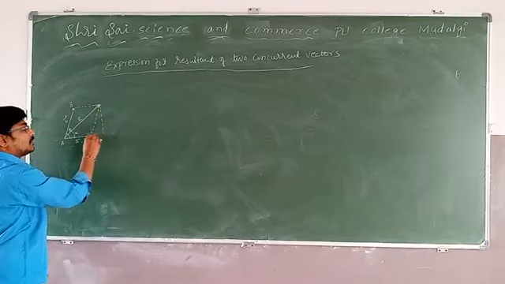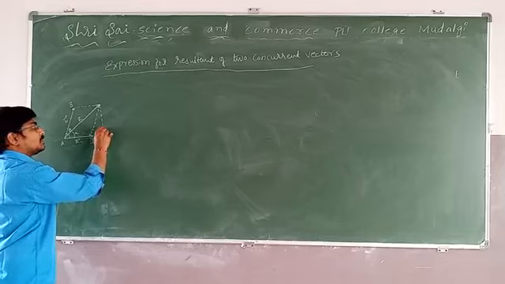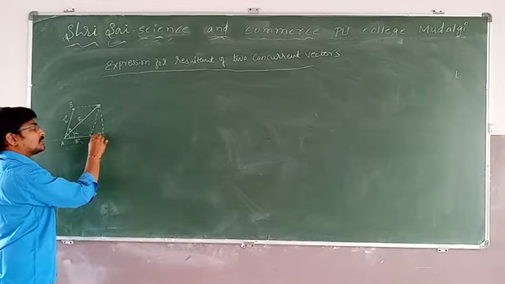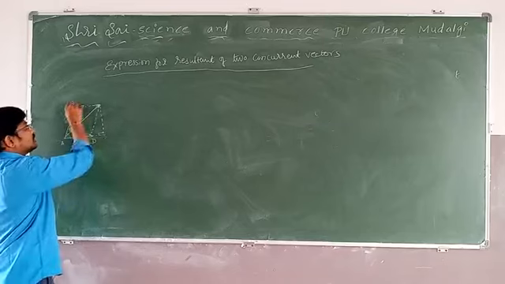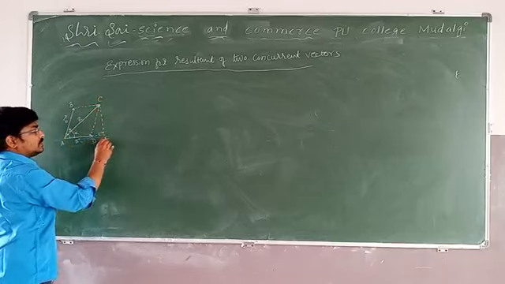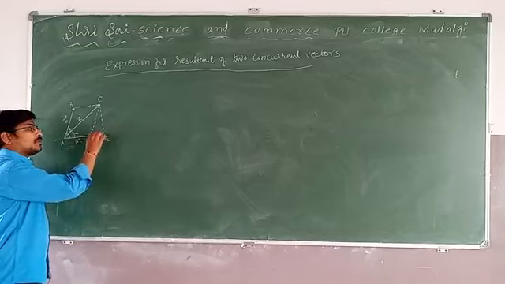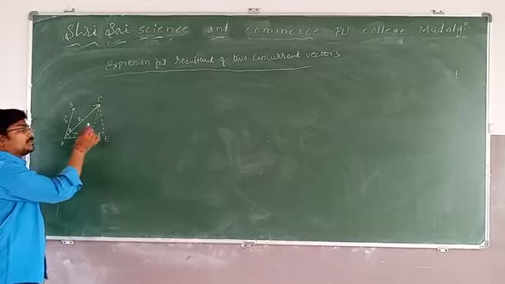Then for derivation purpose I draw one right angle triangle, this one. This is called A B C D E. Take it as E. I can draw this for my derivation purpose. Actually it is not there, but for my derivation purpose I will.